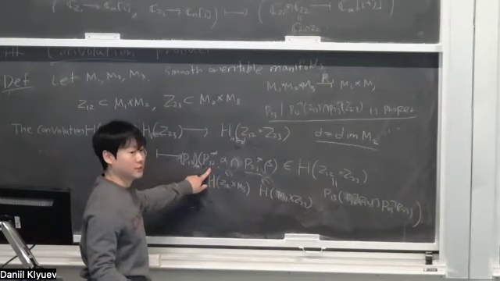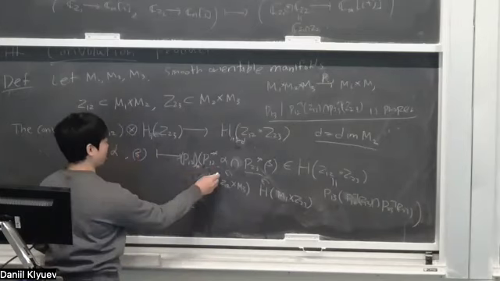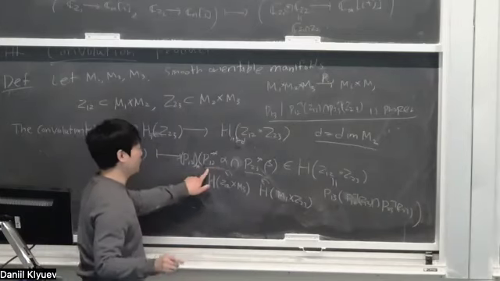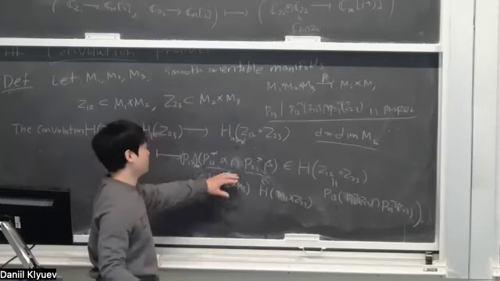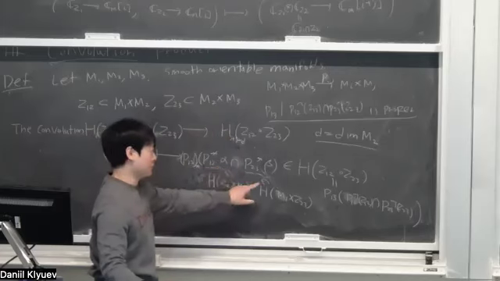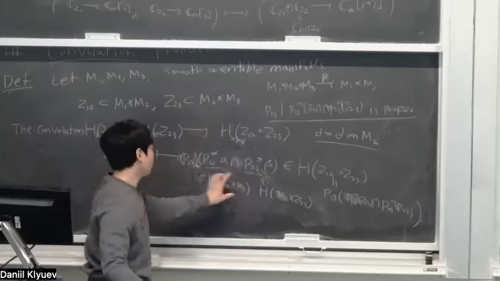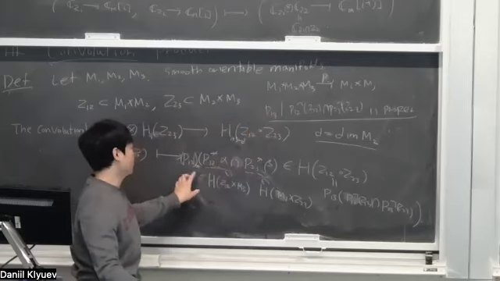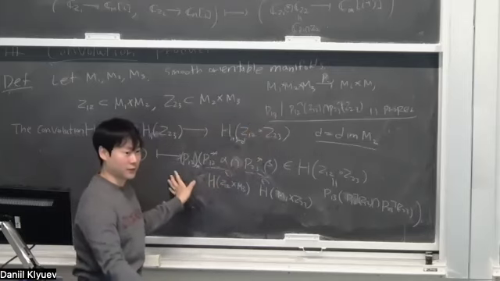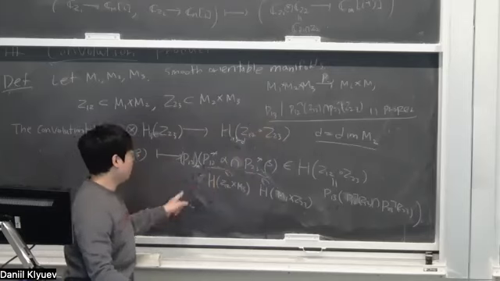So here I'm using the restriction of P1,2 to the inverse image, and here also I use the properness of this restriction, so we have all these maps well defined.